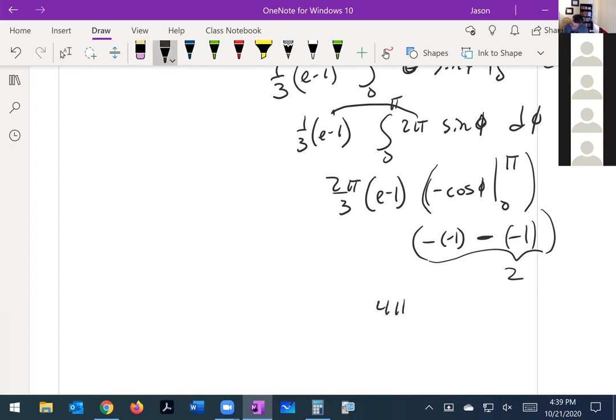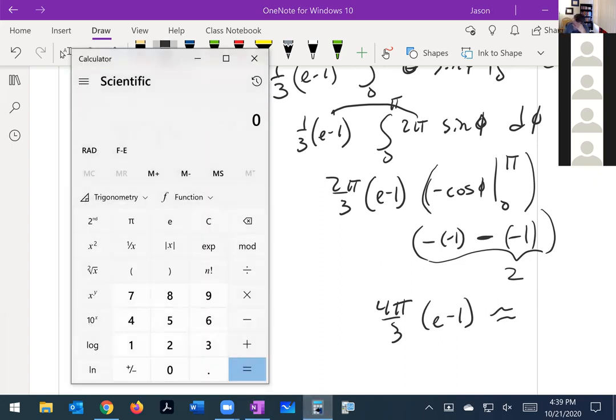I'm going to get 4 pi over 3 times (e minus 1), which is approximately what? What is this approximately? So this is going to be 4 times pi divided by 3, in parentheses.